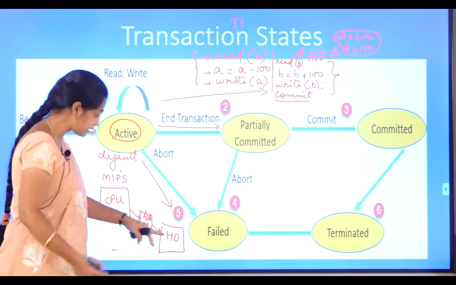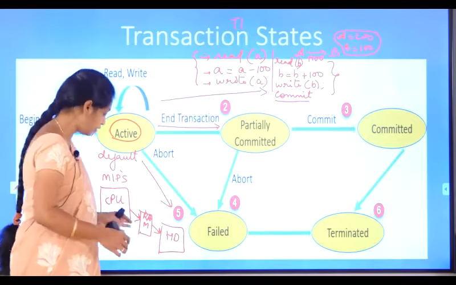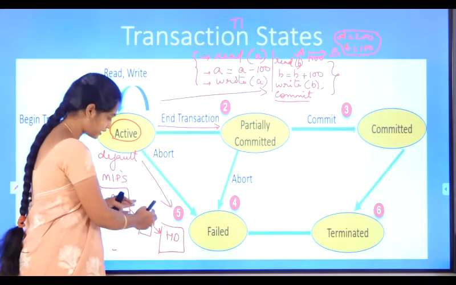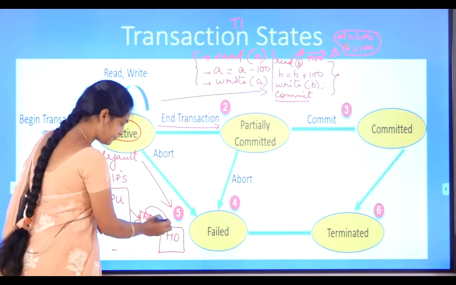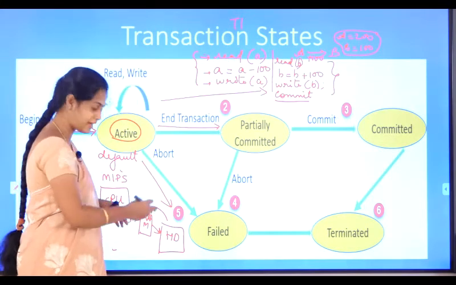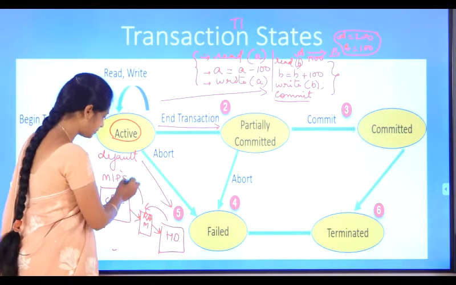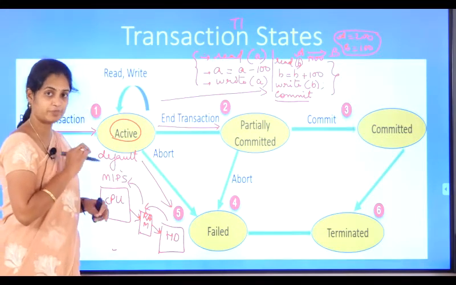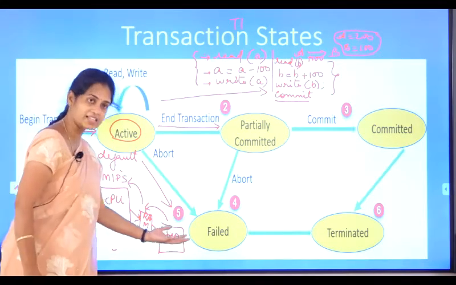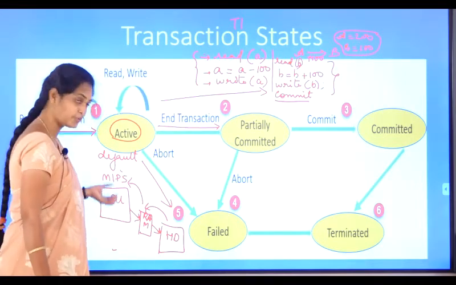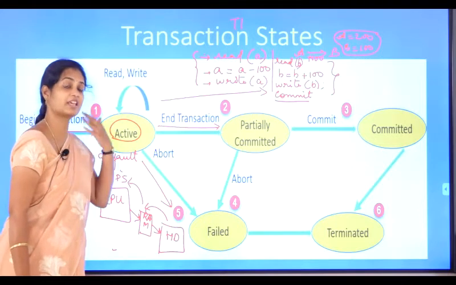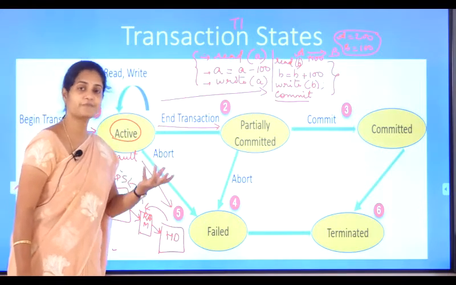Because the hard disk is very slow, the RAM fetches the data and gives the instructions to the CPU, since the CPU always executes instructions very fast.